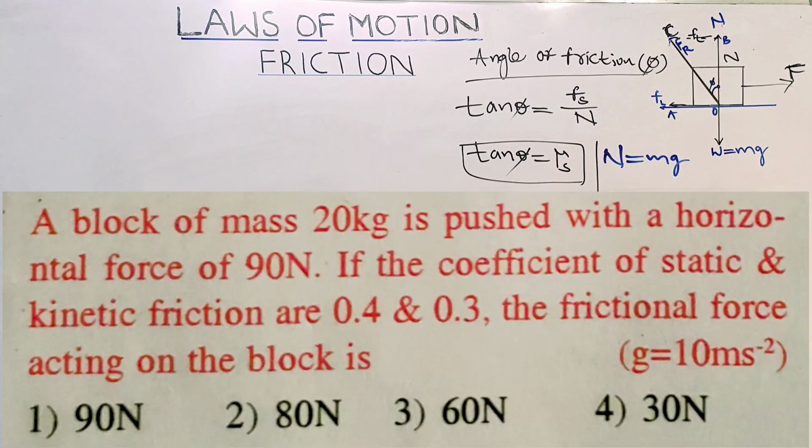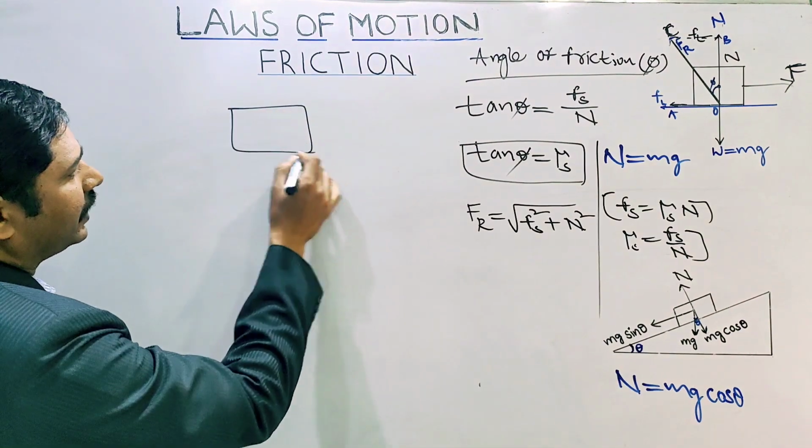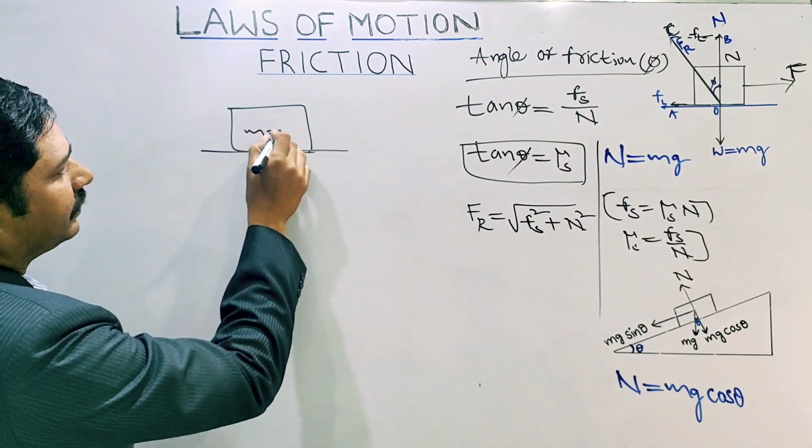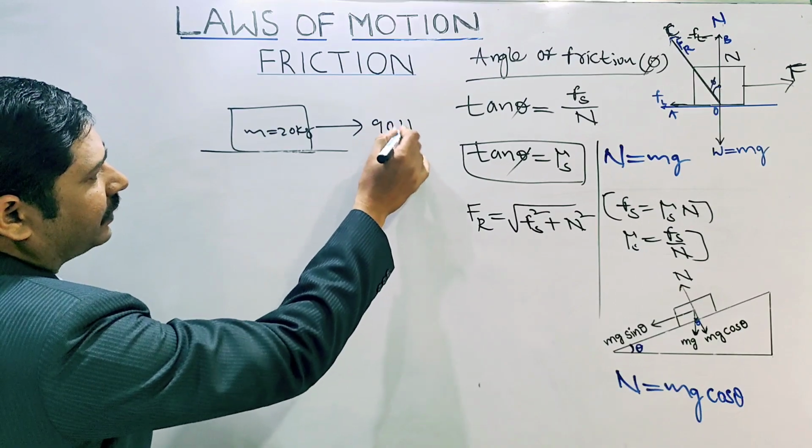A block of mass 20 kilograms is pushed with a horizontal force of 90 newtons. If the coefficients of static friction and kinetic friction are 0.4 and 0.3, the frictional force acting on the block is? Here, what are they saying? A block of mass 20 kilograms is given. The applied force is 90 newtons.